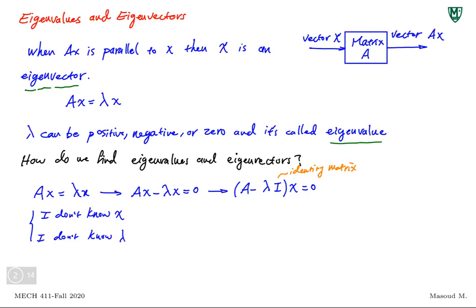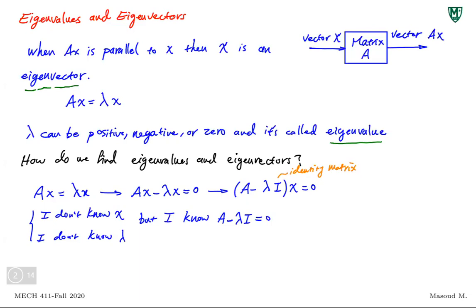But one thing I know, looking at that expression, A minus lambda I, the whole thing multiplied by x equal to 0: the outcome is either x is equal to 0 or A minus lambda I is equal to 0. Now x being equal to 0 doesn't really give us anything, because if x is 0, then this is always 0, and nothing comes out of that. This is trivial. I'm not interested in that. But I know A minus lambda I is equal to 0.